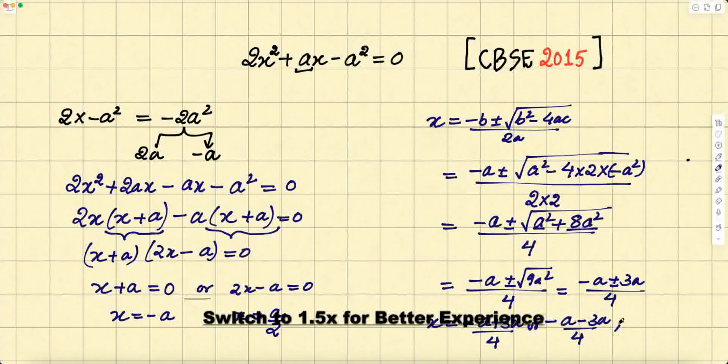If you write 2a by 4, it will be equal to a by 2. And for the second one, minus 4a by 4, you get the answer as minus a. So these are the two answers that you get from here. And if you can see, either you solve it with this method or with that method, you get the same answer.